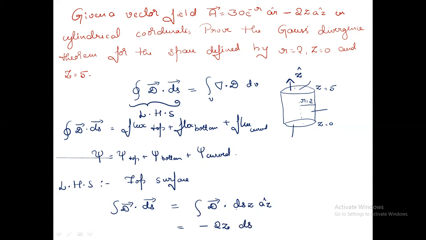I have to write dS in the direction of z, and that is nothing but r d phi dr. I'll write that here. One thing I have done is that instead of considering it as A, I have written it as D. Please do note that.